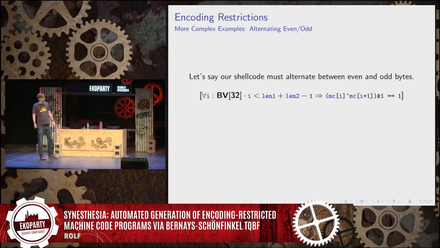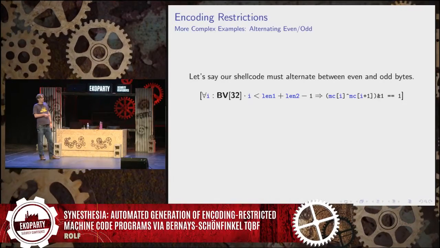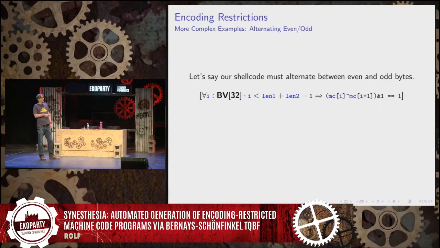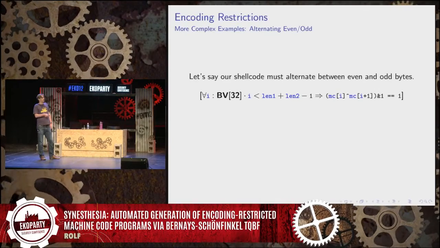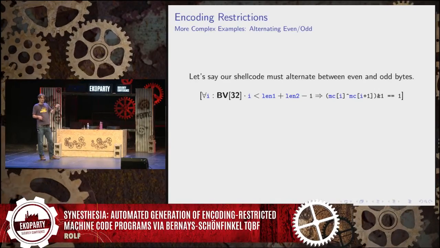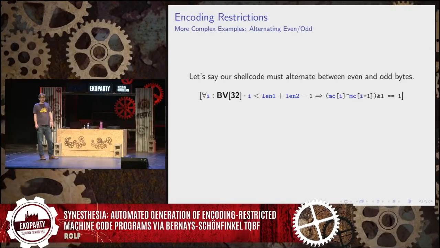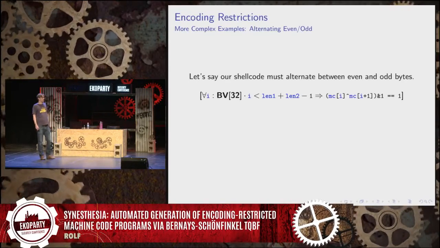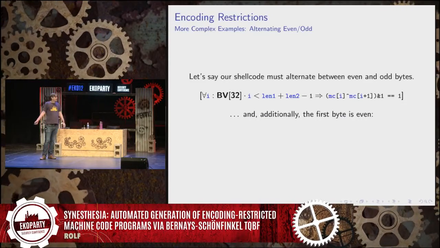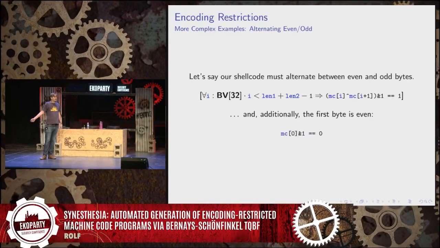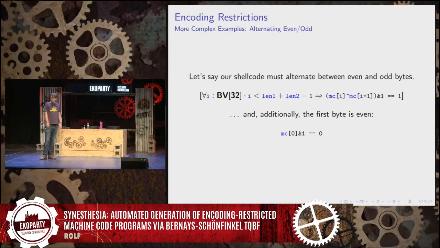So I just say, for every index that lies within my shellcode, that if I XOR it with the next byte, and then extract the lowest bit, that it's equal to 1, meaning that the lowest bit of the two consecutive bytes have to be different from one another, i.e. one of them is even and the other one is odd. So I can solve formulas like that. And for example, if I said also that the first byte must be even, then I just say the lowest bit of the first byte is 0.